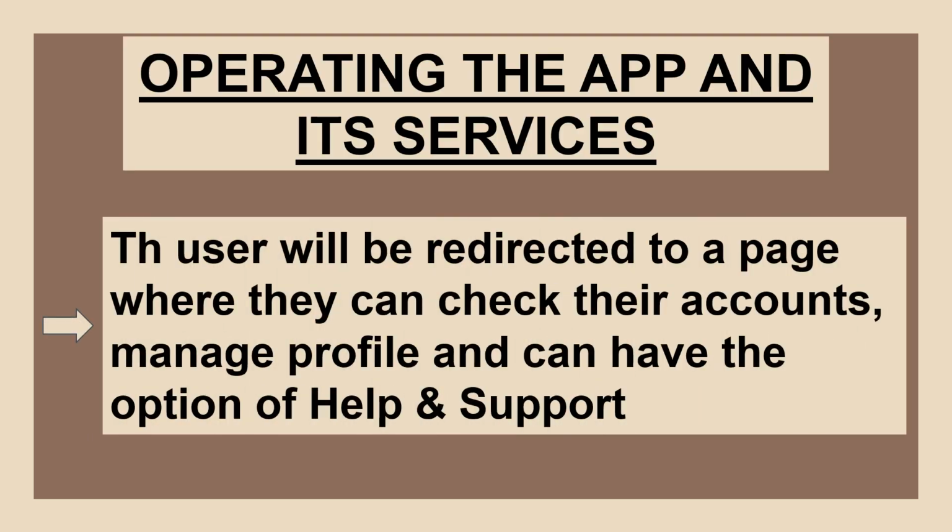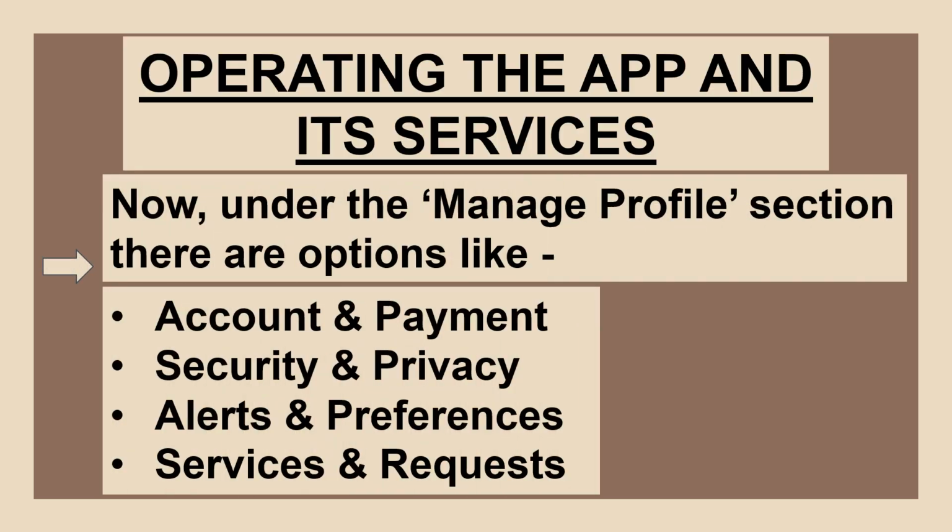The user will be redirected to a page where they can check their accounts, manage profiles, and have the option of help and support. Under the Manage Profile section, there are options like Account and Payment, Security and Privacy, Alerts and Preferences, Services and Requests.